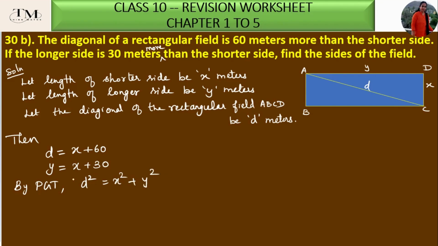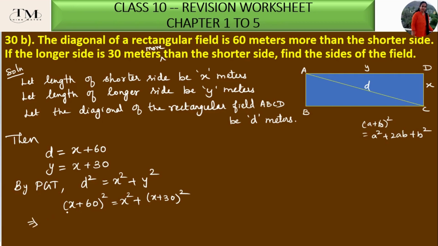So what is d? d is x plus 60 whole square. Keep the x square as such. What is y? y is x plus 30 whole square. So it is a plus b whole square. What is a plus b whole square? You are smart children and you know this. It is a square plus 2ab plus b square.